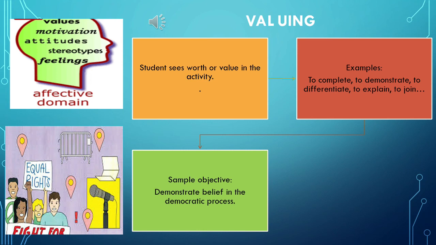Valuing is based on the internalization of a set of specified values with clues to these values. The verb examples are to complete, to demonstrate, to differentiate, to explain, to follow, to join, and so on. To cite an example, the student demonstrates belief in the democratic process, or the student shows the ability to solve problems.